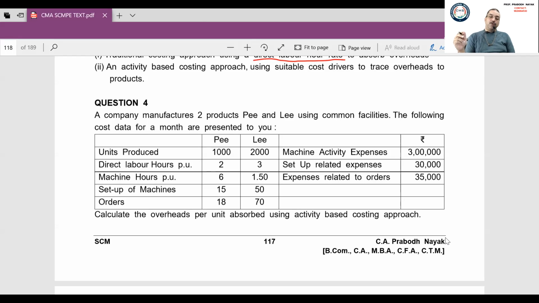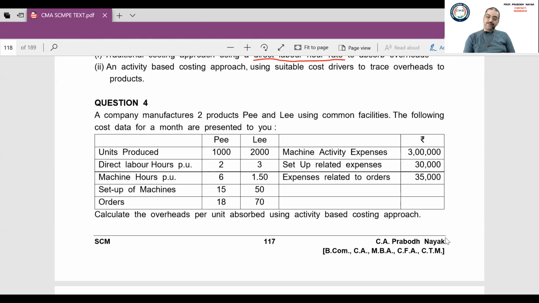Direct labor hours per unit 2 and 3. Machine hours per unit 6 and 1.5. Setup of machines 15 and 50. Orders 18 and 70. Machine activity expenses total is 3 lakhs. Setup related expense total 30,000. And orders related expenses 35,000. Calculate the overheads per unit absorbed using activity based costing approach.